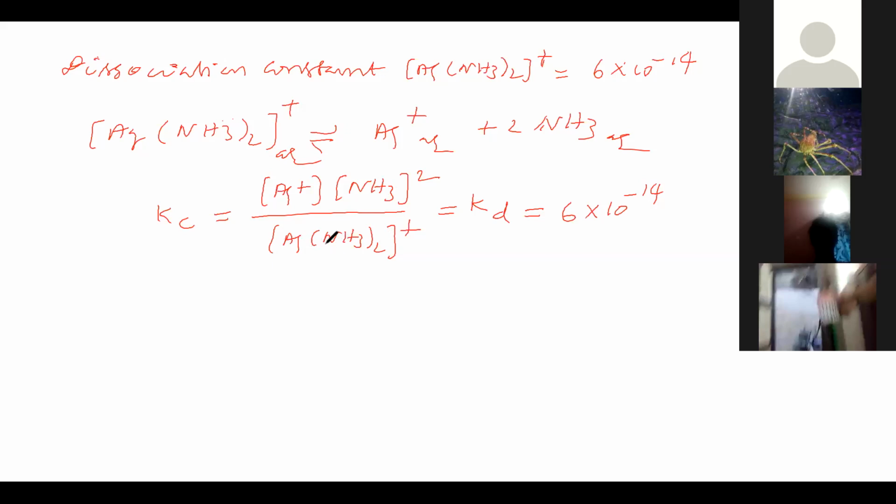Then what is the position of equilibrium, based on this equilibrium constant? You say that the equilibrium lies almost left, in the sense that the complex is more stable.